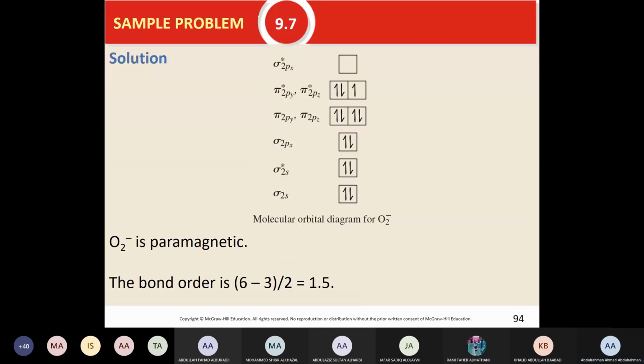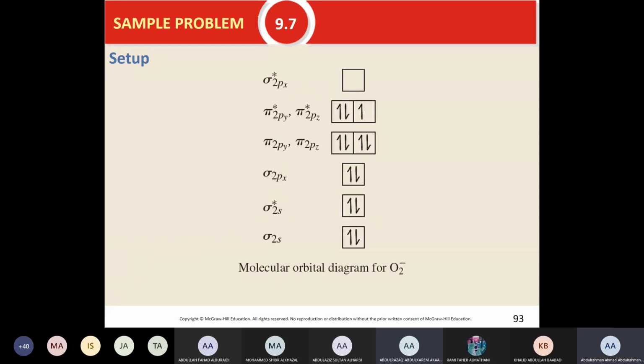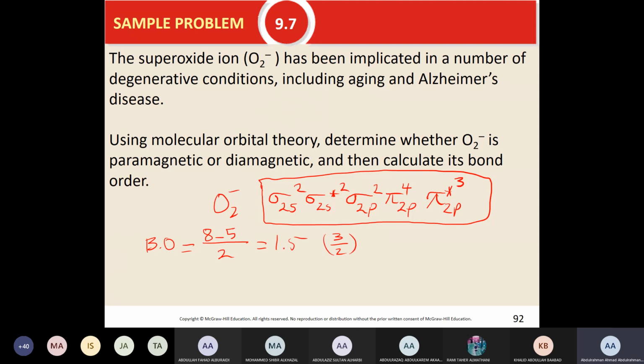What are the numbers above the pi and sigma? The 2, 4, and 3 are the electrons. How many electrons do we have? The valence of oxygen is 6, two oxygens make 12, plus 1 electron makes 13.